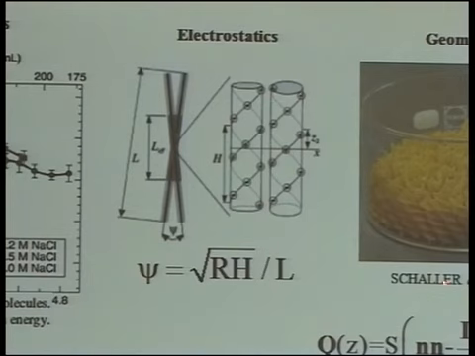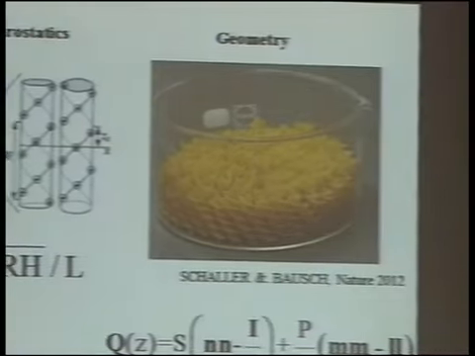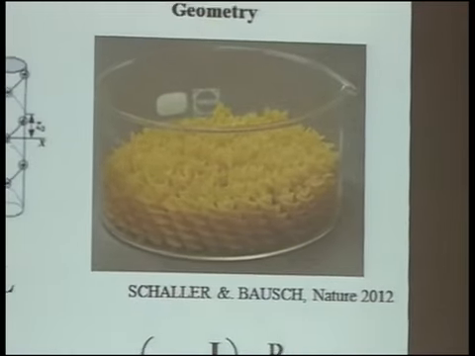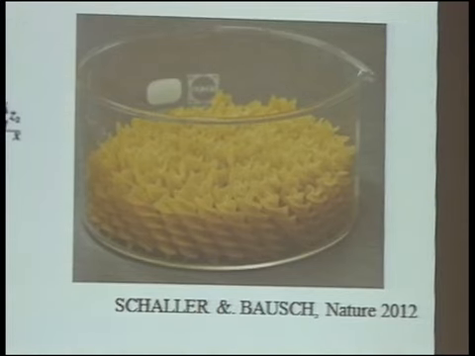This is a recent paper in Nature. Schaller and Bausch, maybe some of you know them, I don't know them, so there is an interesting fusilli packing, okay? So these are observations in the supermarket. So in the center, this fusilli is pointing vertically; at the edge of the package it has a twist, so you have a twist angle.